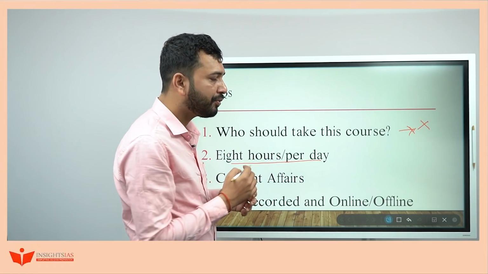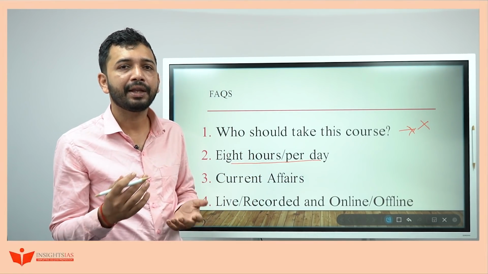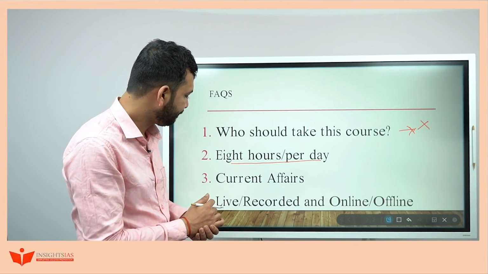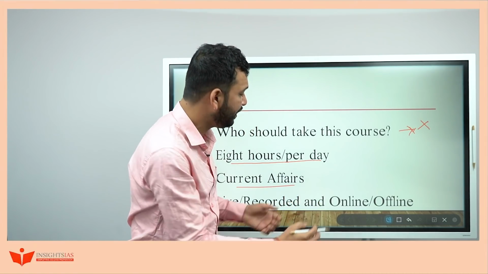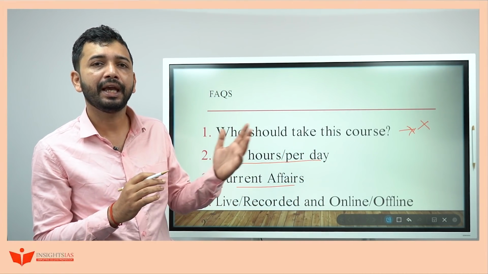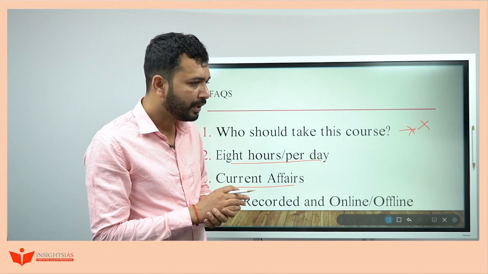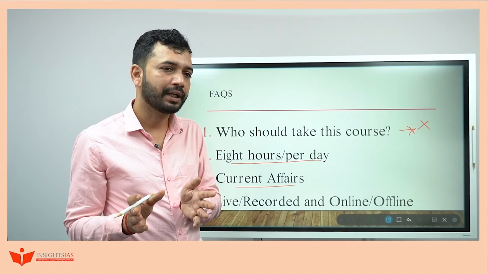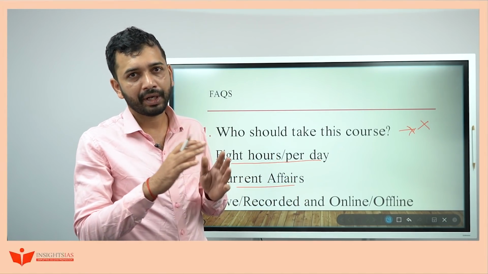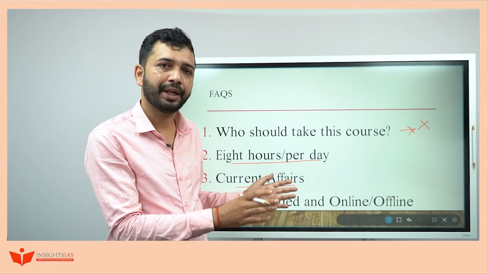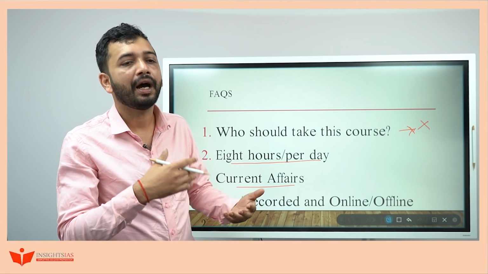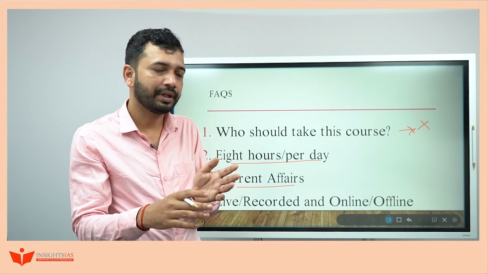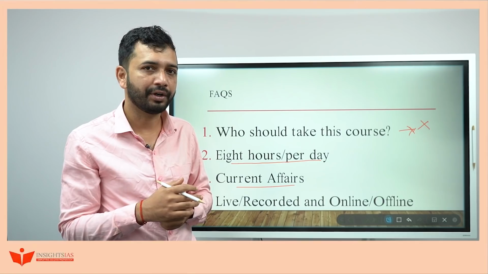Second, some students are asking because they are working professionals. For them, taking 8 hours per day will be a little bit difficult. So what we suggest is that you take one class per day, and whatever has been taught in the class, you go and revise. The other classes which you cannot listen to live, you can listen to in the recorded video.